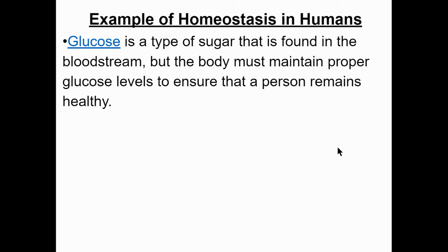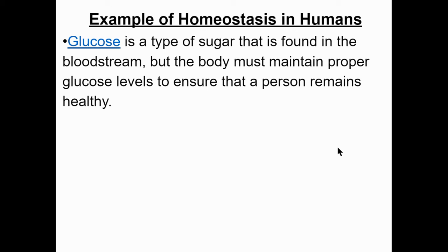For example, we all eat foods that contain the sugar glucose. Glucose is a type of sugar found in your blood, and your body has to use it, process it. If you have too much of it, your body stores it for later use, because sometimes you ingest more sugar than your body needs. Some people who have diabetes do not have a way to process the glucose in your body through the production of insulin.